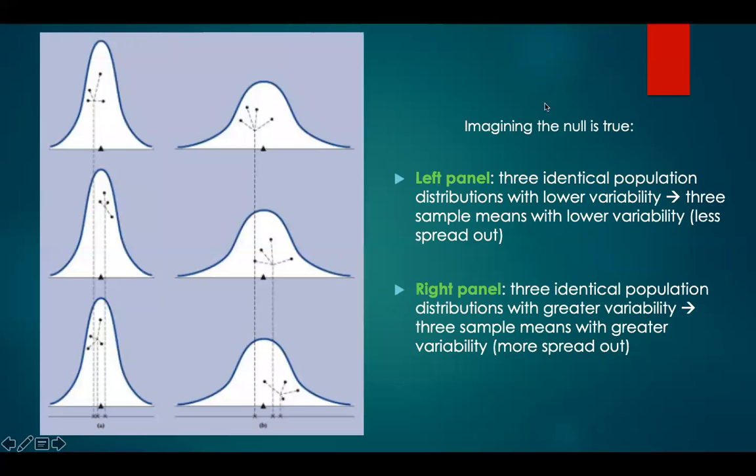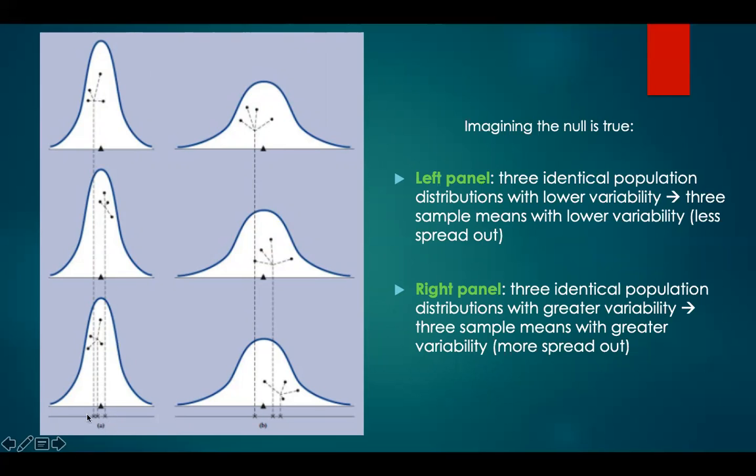So in the left panel, imagining that the null is true, are 3 identical population distributions with lower variability, and 3 sample means with lower variability. And the means are down here.